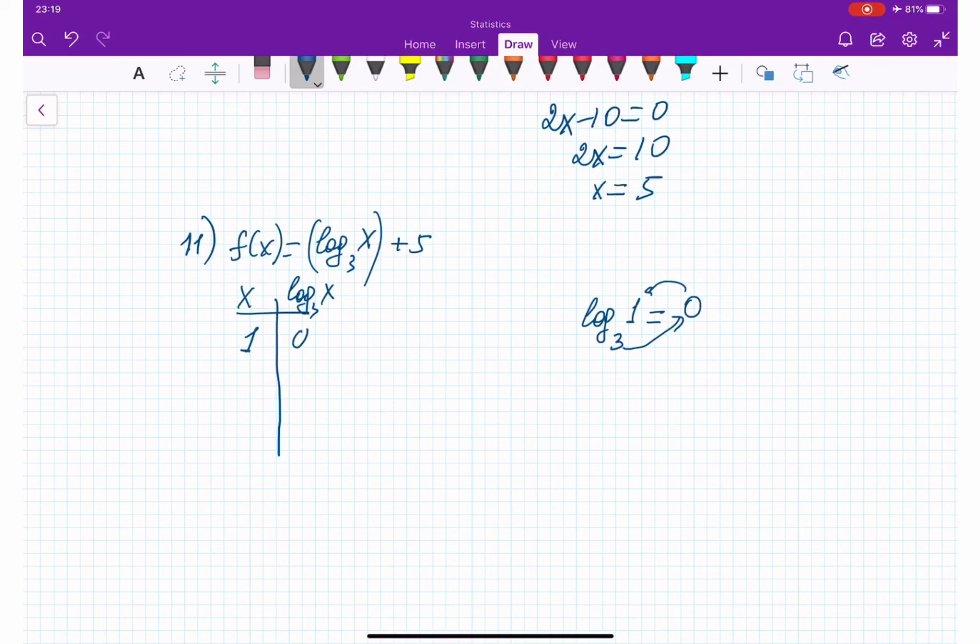And it's going to be equal to 0. Okay? Next. I can't take x equal to 0 because there is no power I can raise a number to that will give me 0. Right? Okay. What I can do is take x equal to 3. If I take x equal to 3, log 3 by base 3 is going to be equal to, of course, 1. 3 to the power 1 is equal to 3.